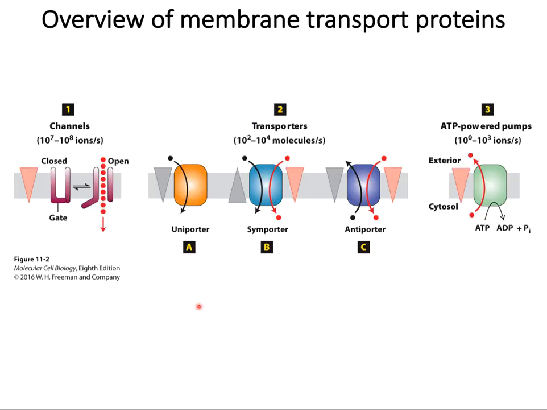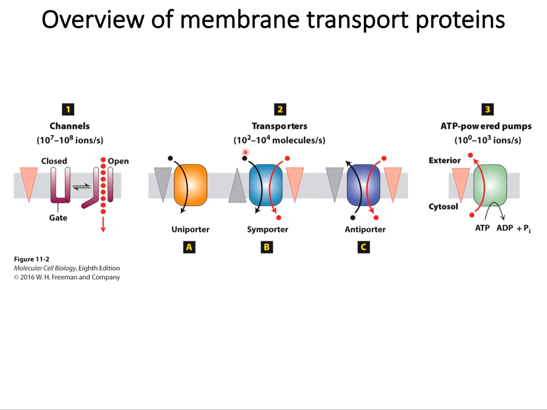This is an overview of membrane transport proteins. Cellular membranes are not only barriers but also conduits for selectively transporting molecules and ions from one side of the membrane to the other. The transport proteins form a protein-lined pathway across the membrane that enables hydrophilic substances to move through the membrane without contacting its hydrophobic interior.